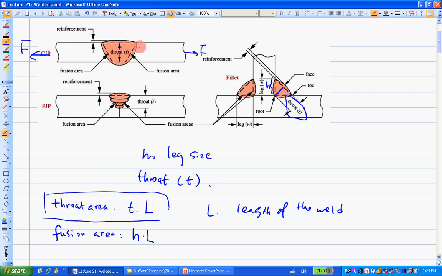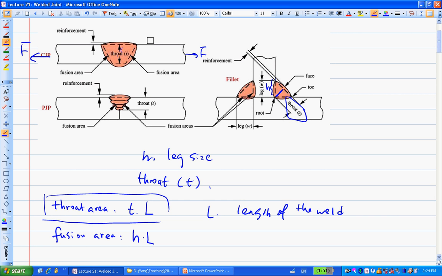So it's F divided by T times the total length. For this one, it's simple. It's actually a normal stress, so it's F over T times L.